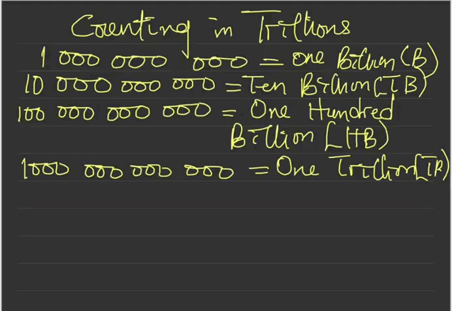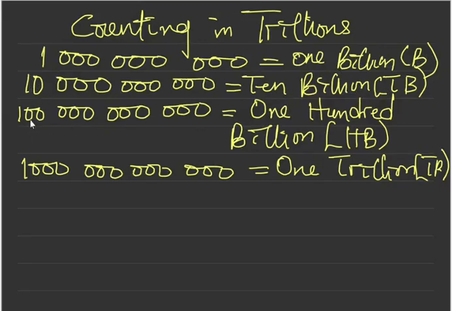So counting in trillions. As I've said earlier, this is 9 zeros, and 9 zeros give us 1 billion: 1, 2, 3, 4, 5, 6, 7, 8, 9. So 1 after the 9 zeros gives us 1 billion. Let's put 0, that is 10 billion.